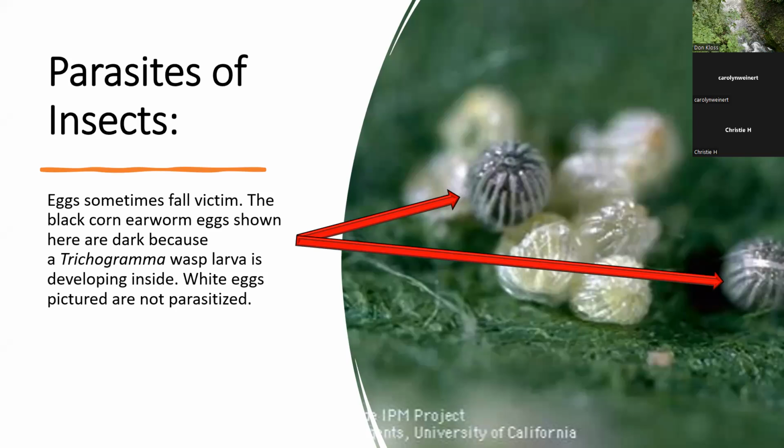And the larvae is going to eat the insides out of that egg and then emerge. The white eggs that you see there are not parasitized. It's just the black ones. So eggs get planted into eggs, eggs turn into larvae, eat the insides out of the eggs, and then emerge into adults.